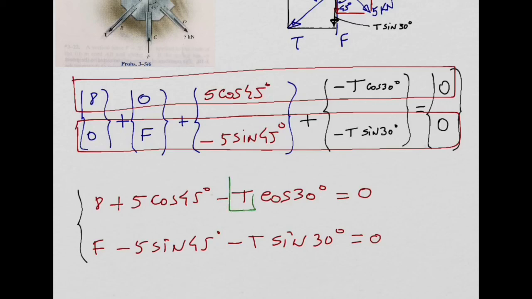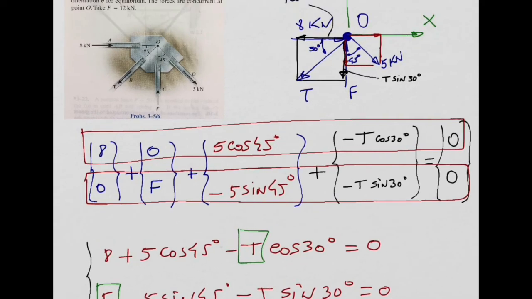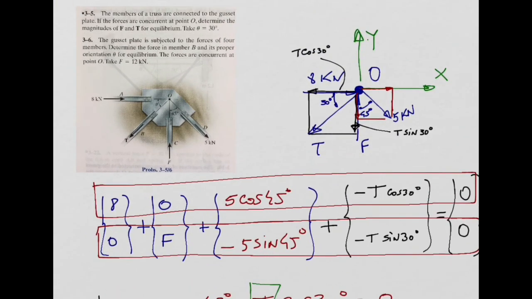T and F. Two unknowns, two equations. We just solve this system of equations. We don't need to solve it here. It's quite basic. We solve this system of equations, and then we obtain the value of force T and the value of force F in this structure. That guarantees that my particle O is in equilibrium. All right? You see how it works?